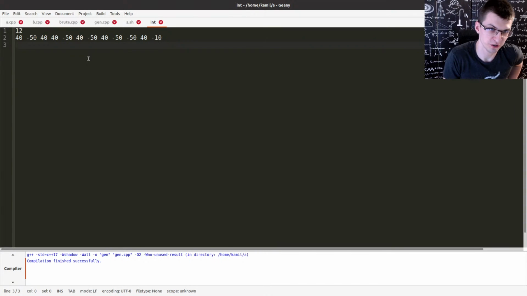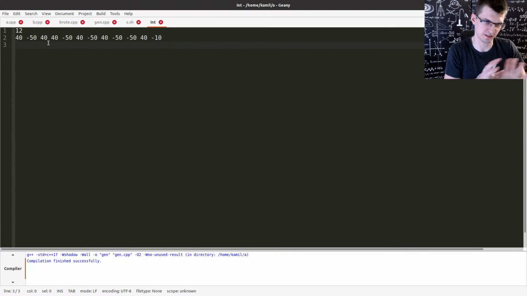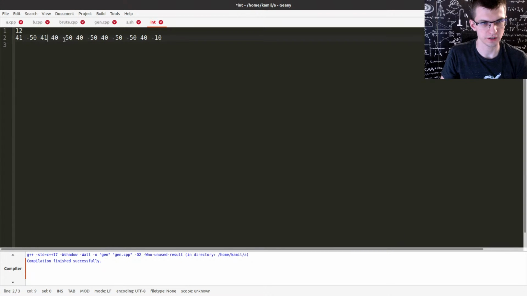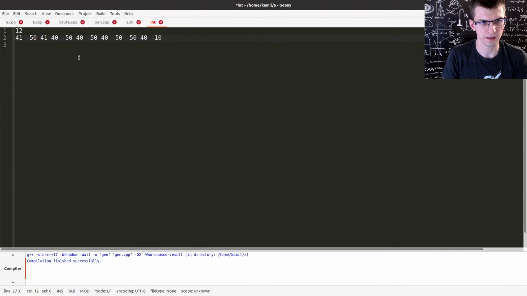I'm now very worried that the lemma is incorrect. The lemma about this being just zeros, then ones, zeros, ones, and that's it. I want to understand which values are taken. If I change those to 41s, will all of them be taken? Yes.